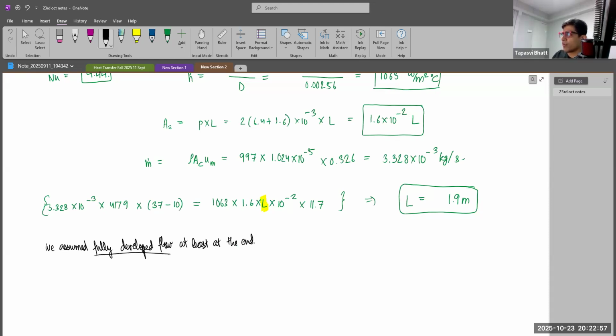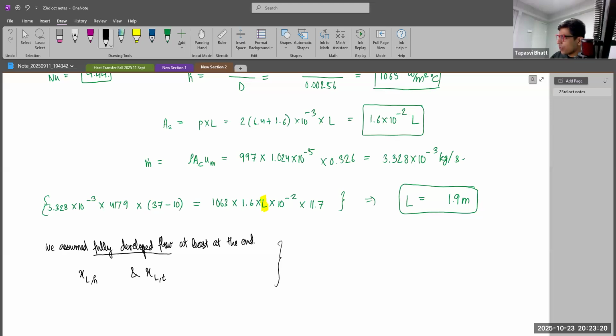For a fully developed flow, we can calculate the XL for hydraulic, and the XL for thermal, which is the point when the flow becomes thermally fully developed. What are the formulas? The flow was laminar, right?